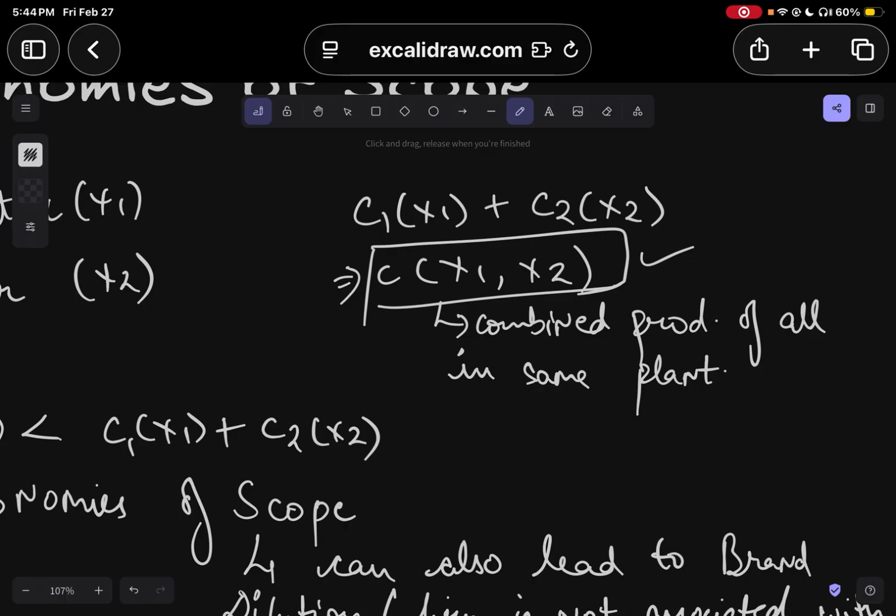This is because the commodities will be close enough that their managerial cost is shared.